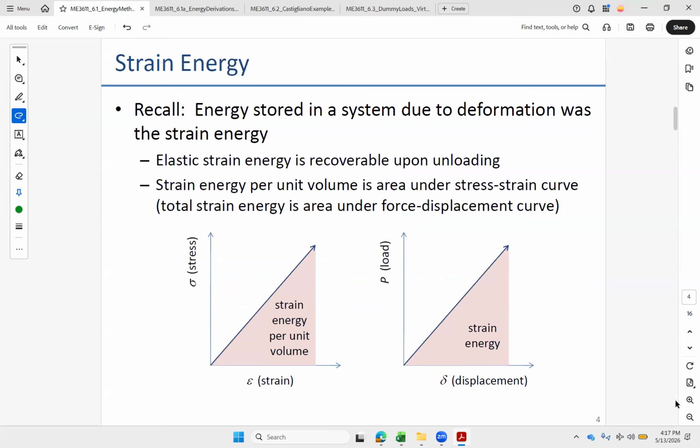So just like we drew out in the opening slide, we think about strain energy as a load by a displacement, and the area under there is that multiplication. Load times a length, force times length, that's energy. And here we went force per length squared, and then we went length per length. So we still have a force times length in the numerator, but we have length cubed in the bottom.